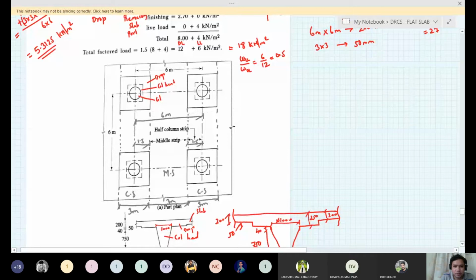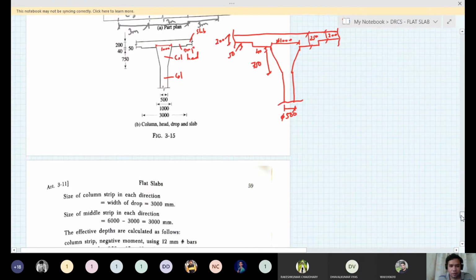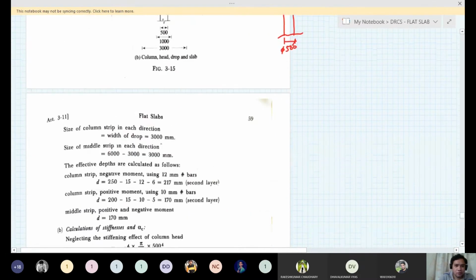So 6 minus 3, the remaining is 3 meter. Your width of the column strip is 3 meter on each side, and your middle strip is also 3 meter. Now the effective depths are calculated as follows.